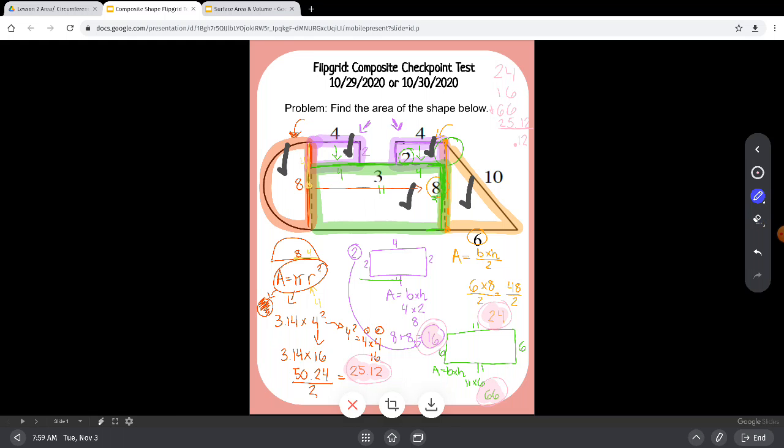Plus 6 would give us 16. Plus 5 would give us 21. 2 plus 2 is 4, plus 1 is 5, plus 6 is 11, plus 2 is 13. So your grand answer for this composite shape would be 131.12. I don't give you any dimensions, but we could say it's centimeters squared for our area.